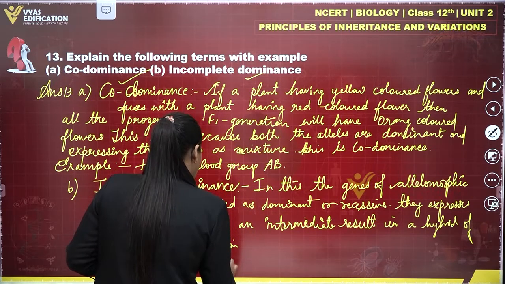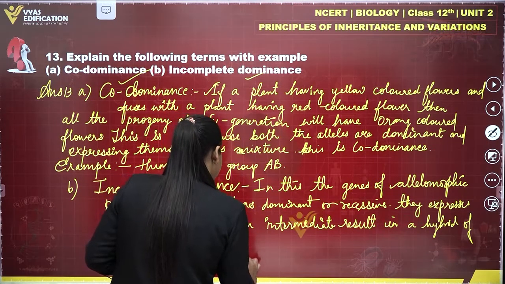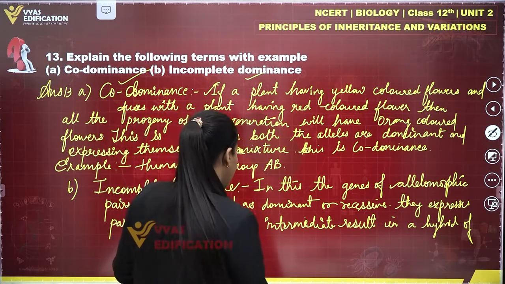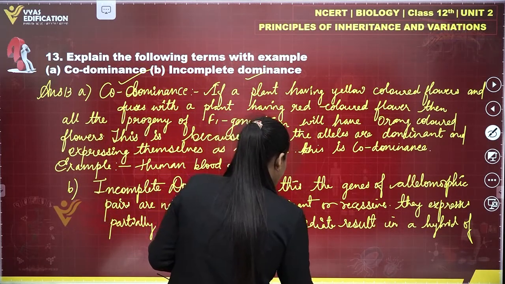Now, if we talk about the example, a famous example of incomplete dominance is given in your NCERT, that is the snapdragon flower.